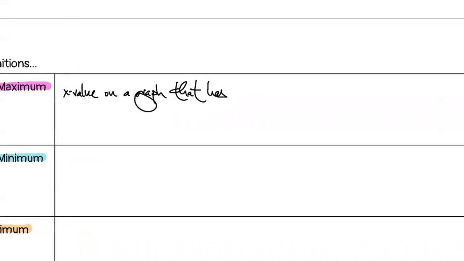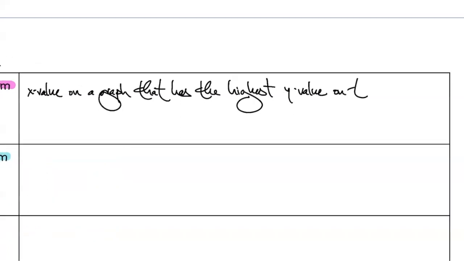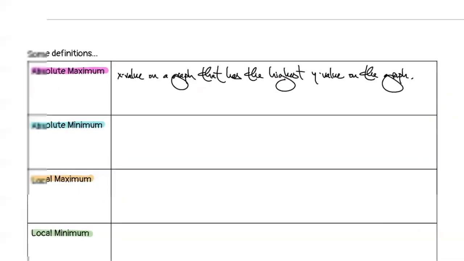It has the highest point, but let's say has the highest Y value on the graph. Okay, so an absolute maximum is an X value on a graph that has the highest Y value on the graph.